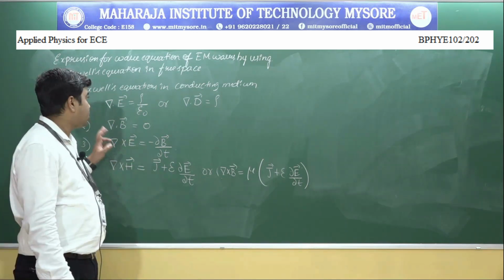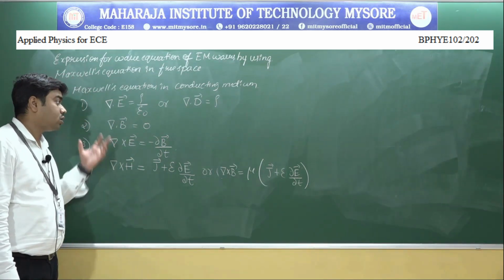So, these are the four Maxwell's equations by Gauss law of magnetostatics.